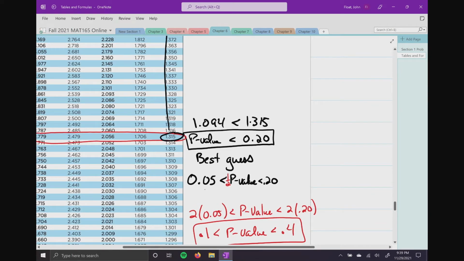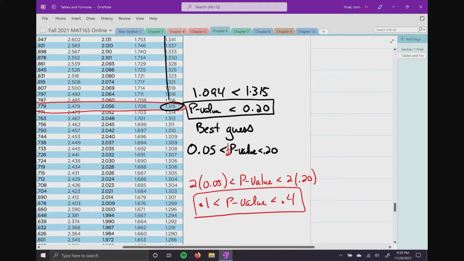Since I have a two-tail test, the p-value that we're going to find is actually 1/2 of that p-value. So 1/2 times the p-value is in between 0.05 and 0.2, which means I multiply both sides of this linear inequality by 2 to give us our best guess: our p-value should be somewhere in between 0.1 and 0.4.